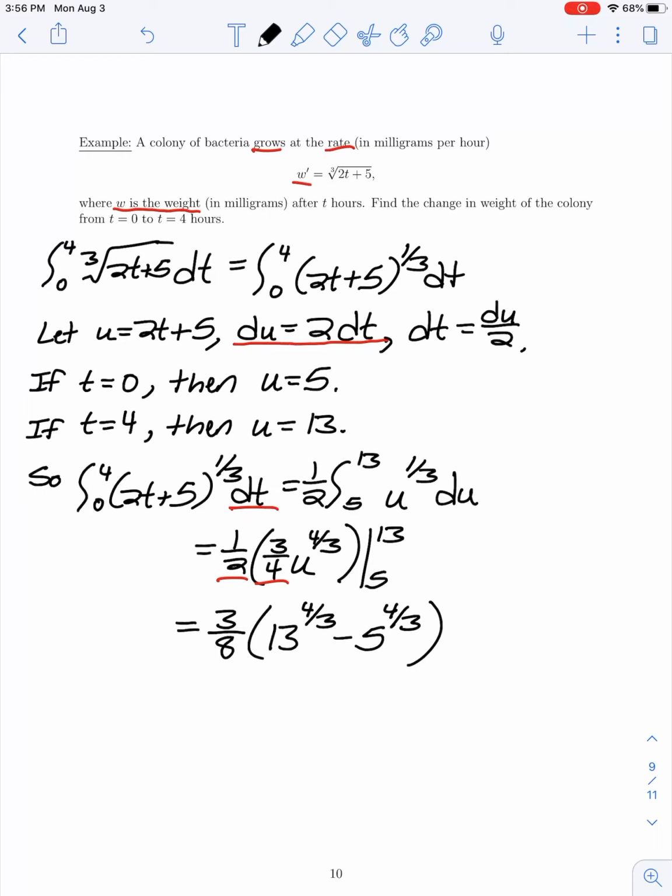We're making use of a calculator to evaluate this. We have an approximate value of 8.26 here, measured in milligrams.